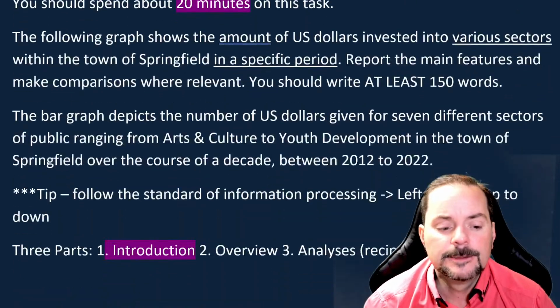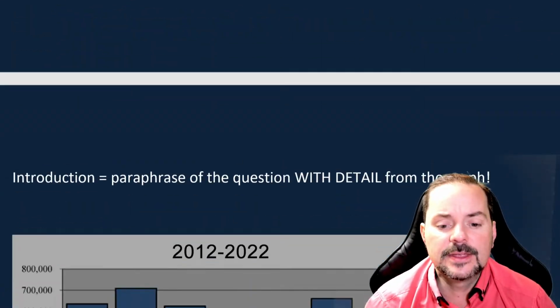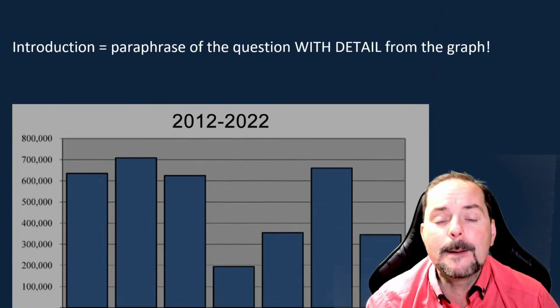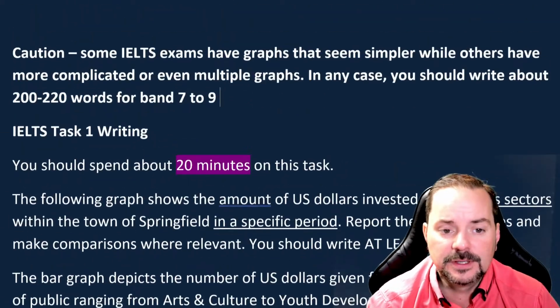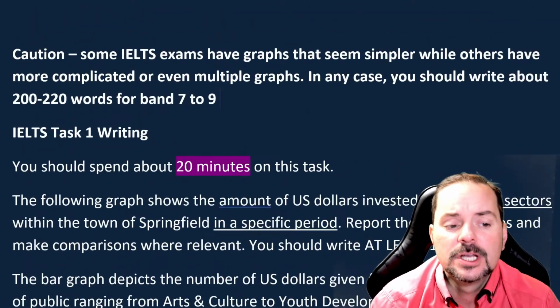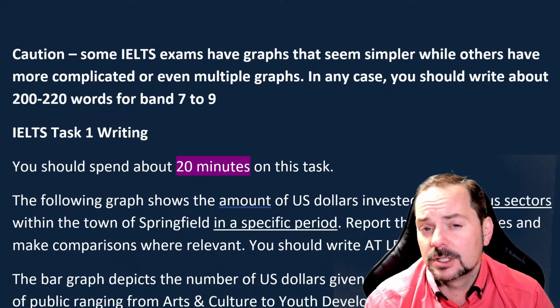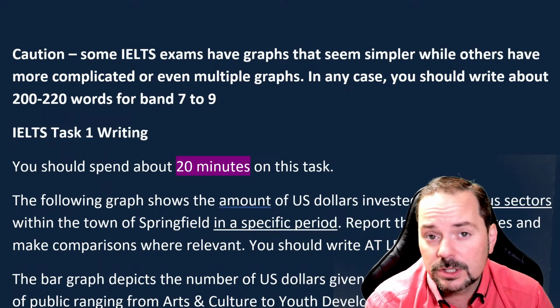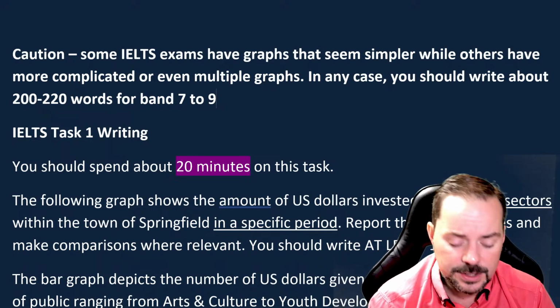Keep in mind that the instructions say that you have to write at least 150 words. That means it's minimum 150 words. And yes, they count your words. So higher band essays usually give a bit more. They give about 200, maybe even 220 words for Task 1. Okay.